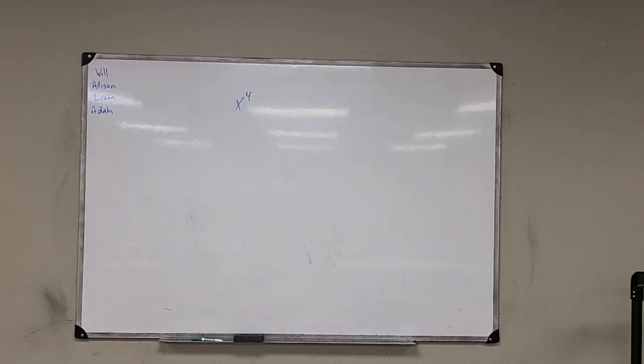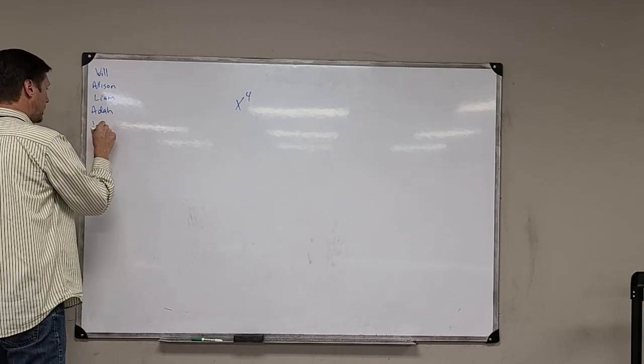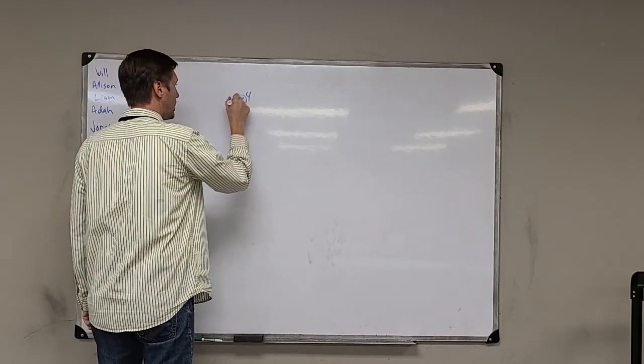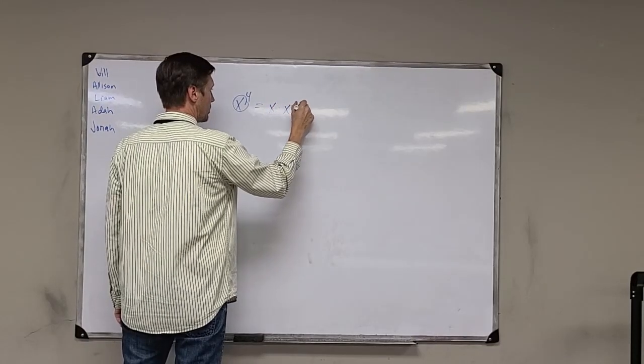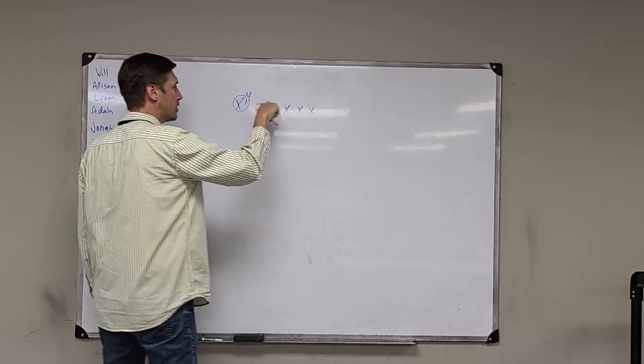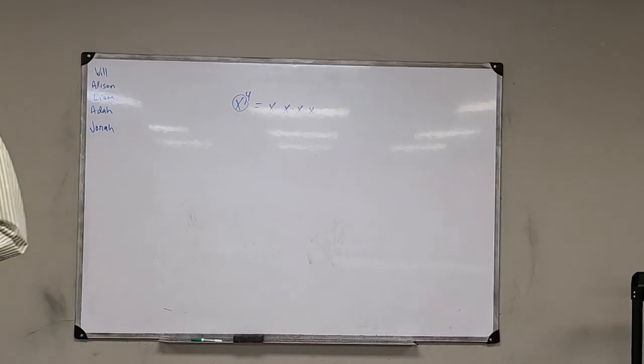Does it mean x times itself 4 times? 4 times, exactly, right? You're multiplying whatever is directly to the left of the exponent times itself that many times. We have a 4 here, so we're multiplying x 4 times, right?